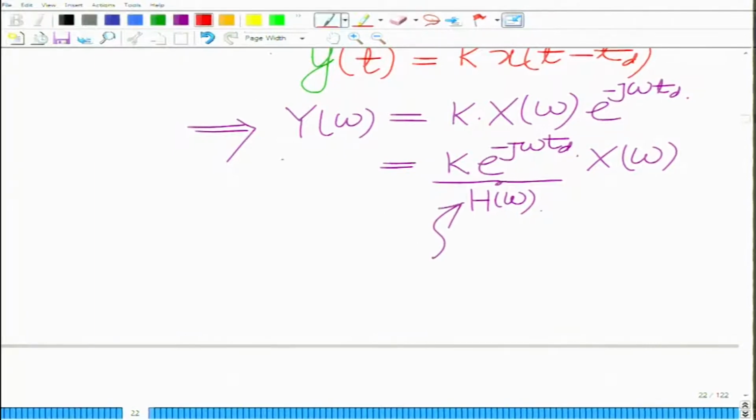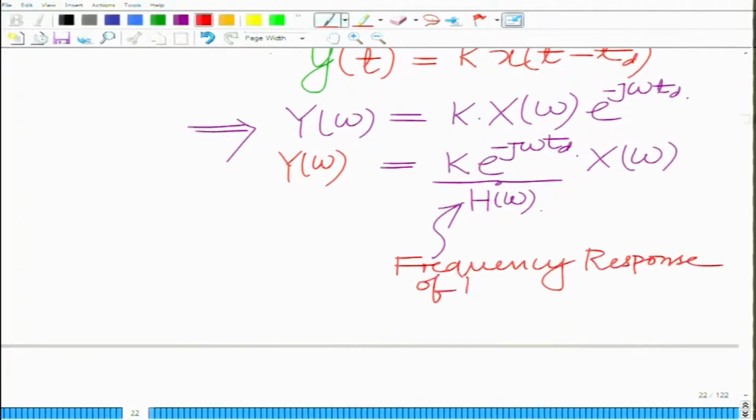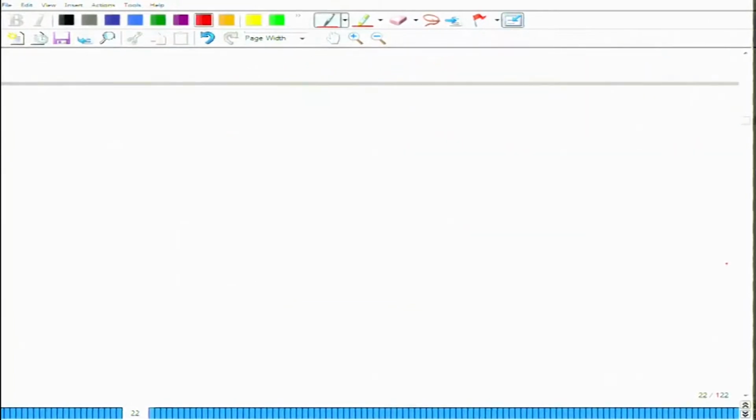Okay. So, since the Fourier transform of the output is the frequency response of the system times the Fourier transform of the input, we have H of omega is k e raised to minus j omega Td, which characterizes the frequency response of the distortionless system.